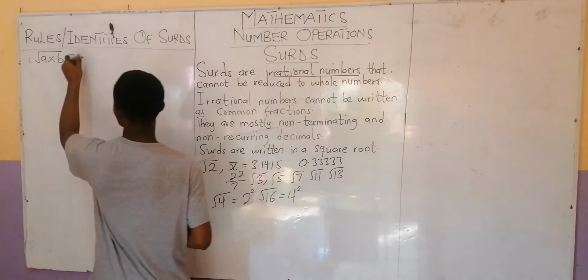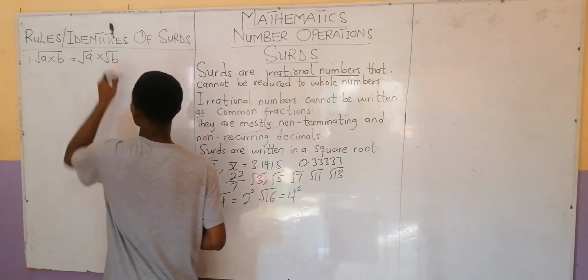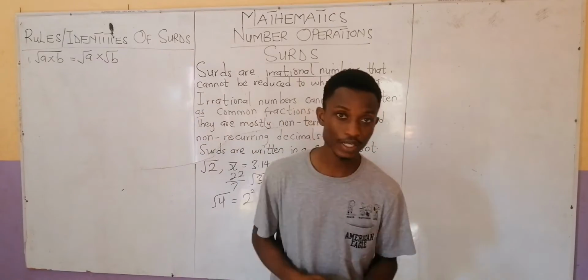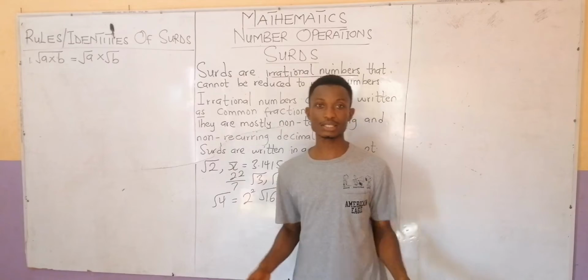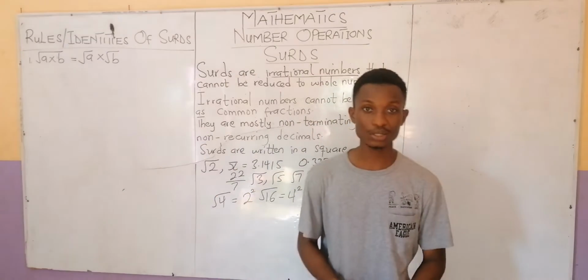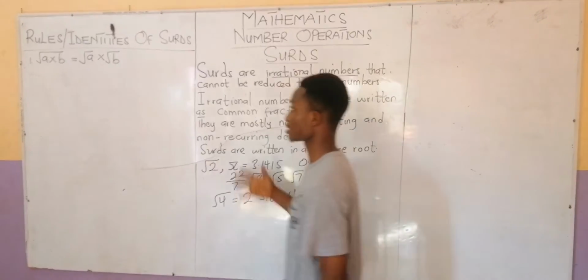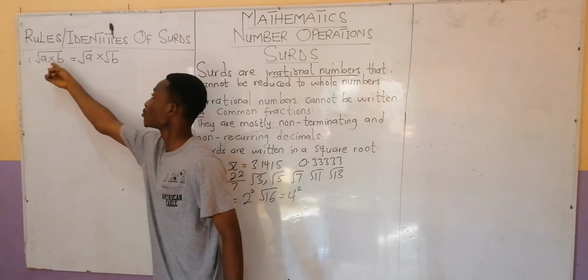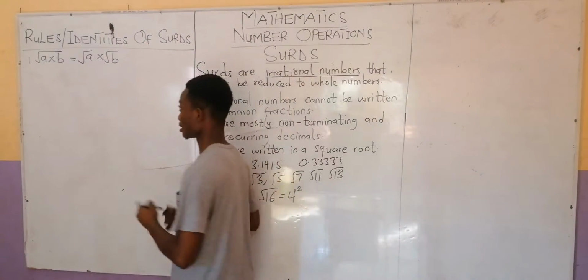I can write them as root of A times root of B. That's the first rule or identity in sets. When you are multiplying sets, you can write them as individual sets in terms of multiplication.